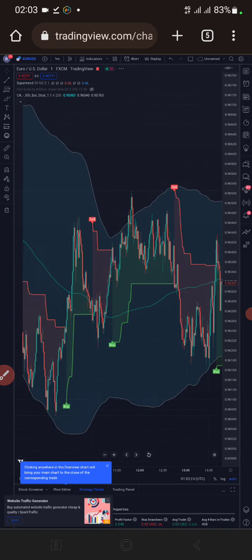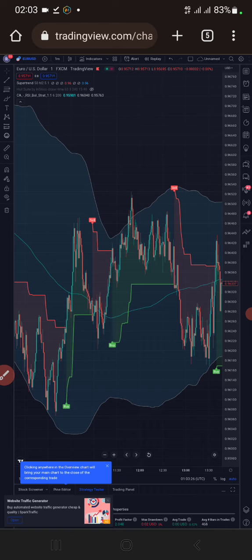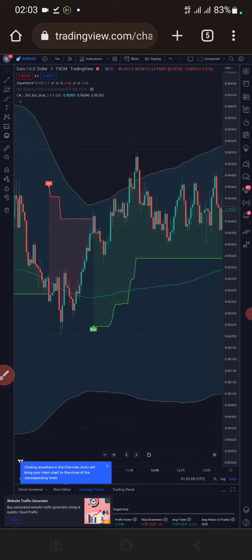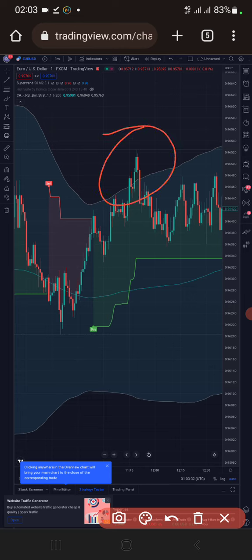And also, you can enter a trade when the market has crossed over the top line of your Bollinger Band RSI strategy. You can also enter a trade right here.